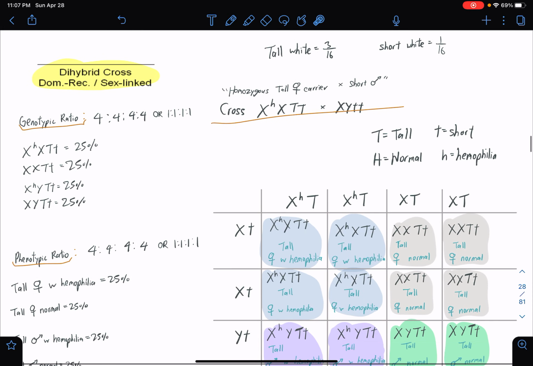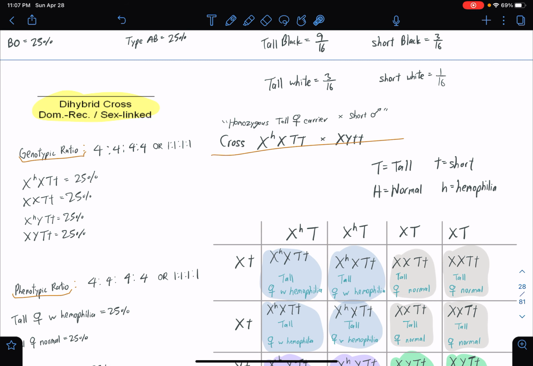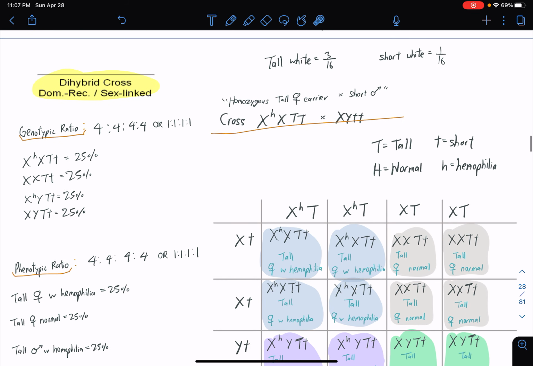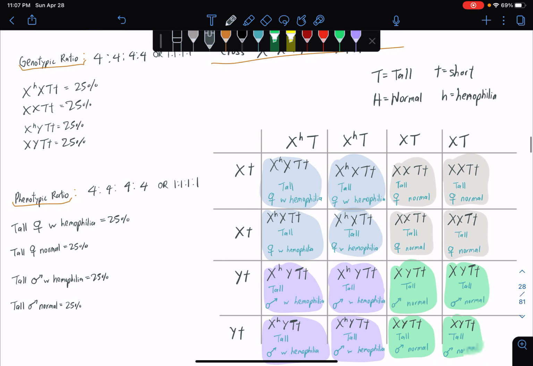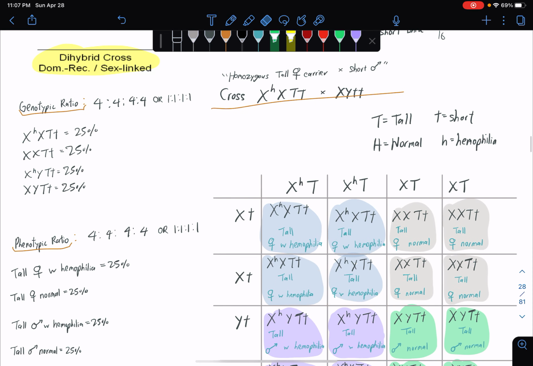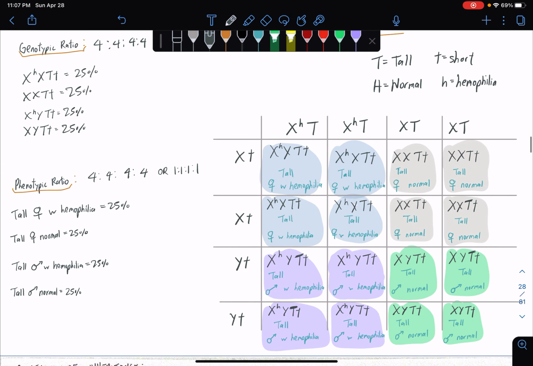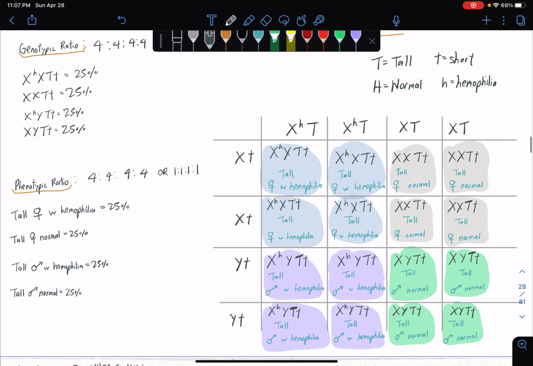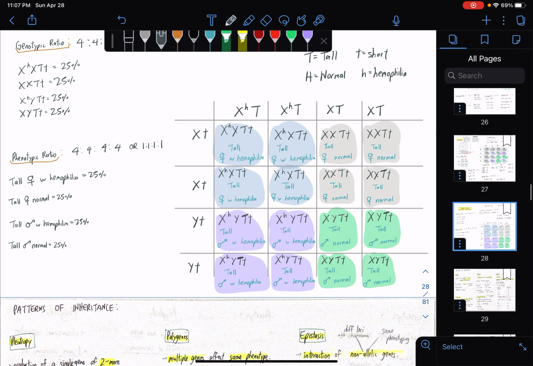So let's try to spread this entire thing in a Punnett square. I could just talk about how it's done, but let's try actually doing it.